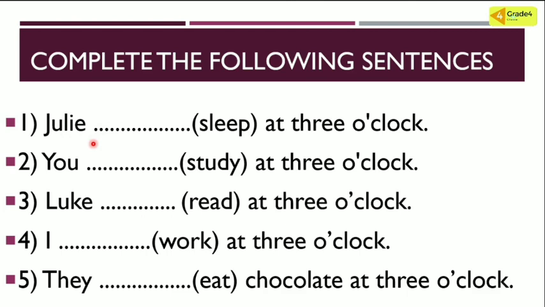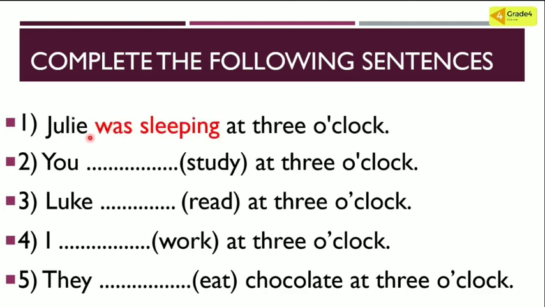Very good. Julie was sleeping at 3 o'clock. How about number 2? You. What will we use in this sentence? Is it was or were? Very good.